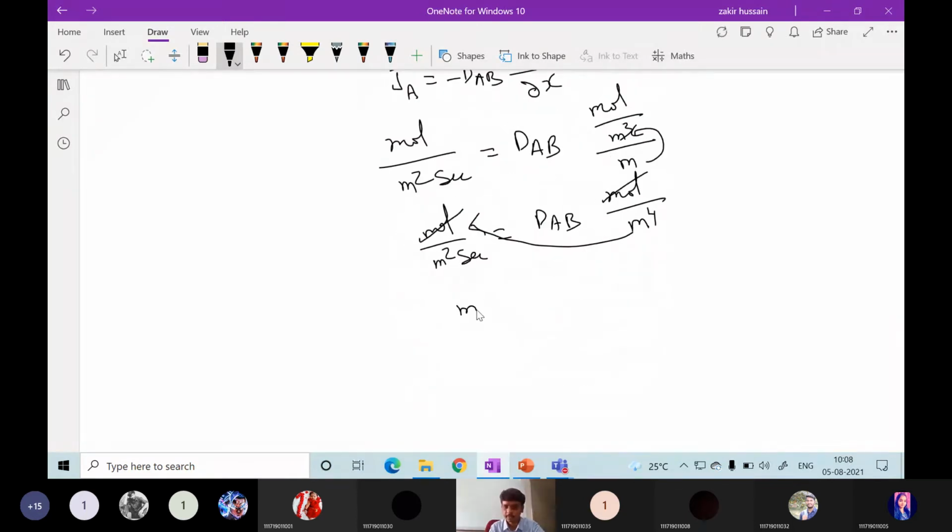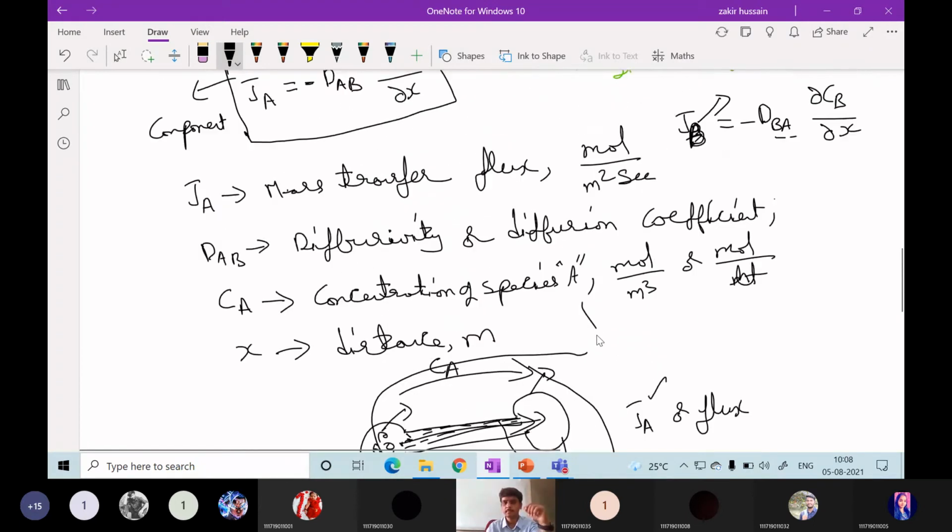The meter power 4 moves to the numerator on the left-hand side, so meter power 4 over meter square into second is equal to D_AB. Finally D_AB is meter square per second. So the units of the diffusivity coefficient, or diffusivity, are meter square per second.